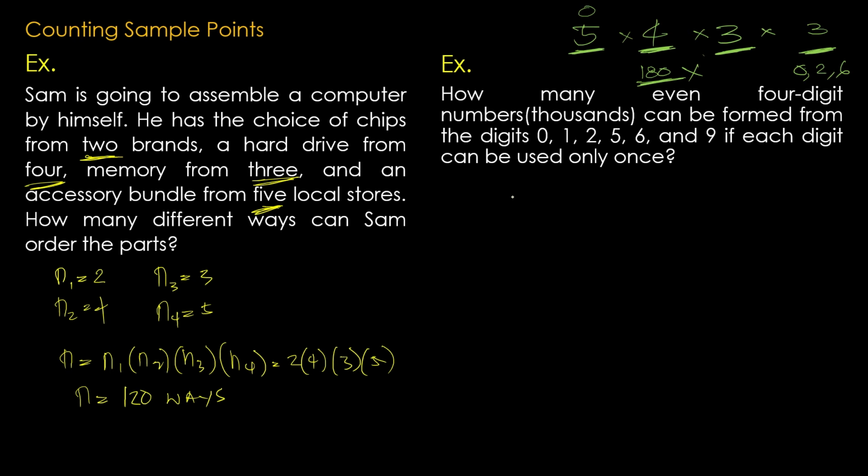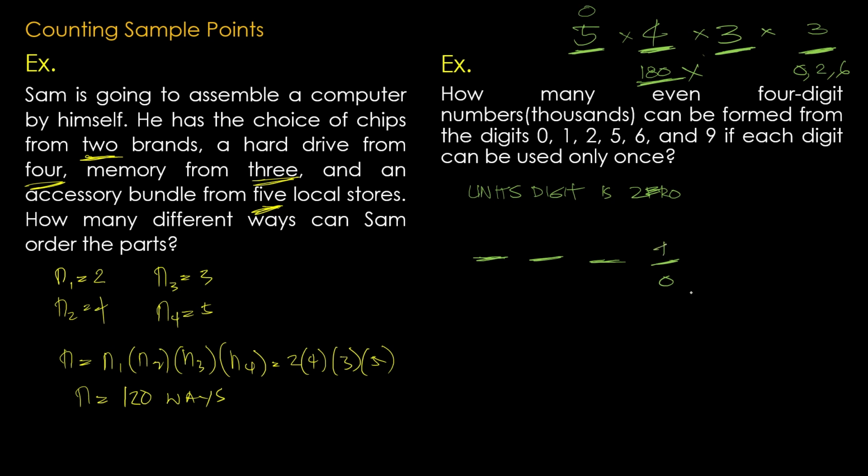So let's try to do it this way. If your units digit is 0, how many number of ways can a 0 be put at the units digit?